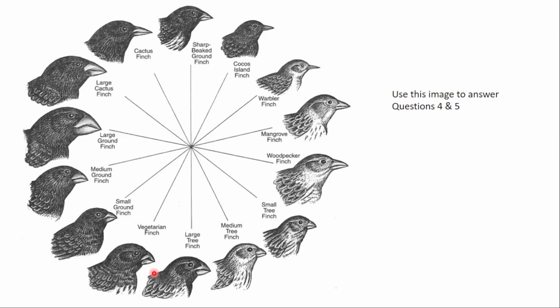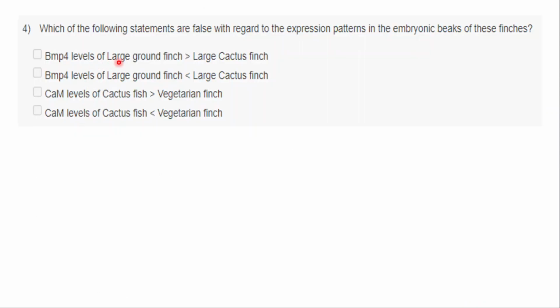If we look at the diagram, the large ground finch definitely has higher depth or width of the beak. This one is wider, and wider means more BMP. So this one has more BMP signaling. BMP levels of large ground finch are greater than the cactus finch. This is a true statement. So the second statement is a false statement.